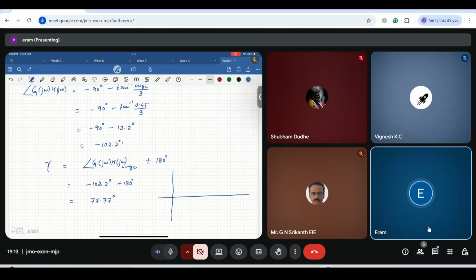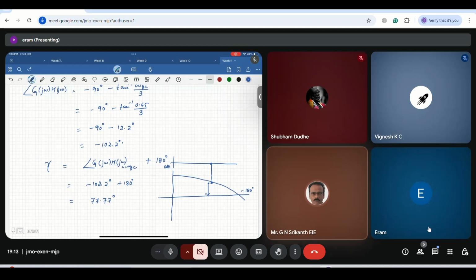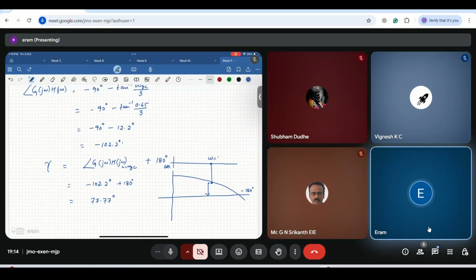That means if you draw the phase plot, let's suppose this is your minus 180 degree line. Suppose your magnitude plot is such that you are getting omega equals omega GC.